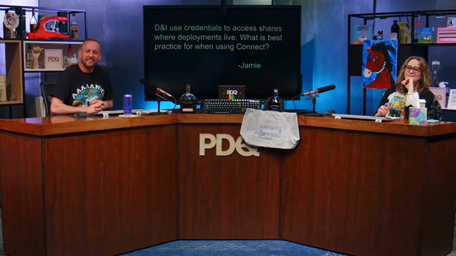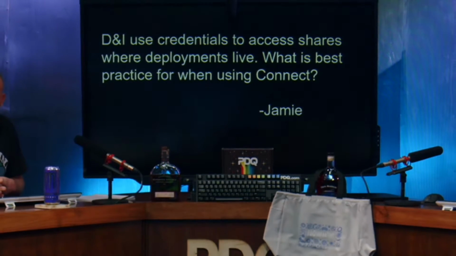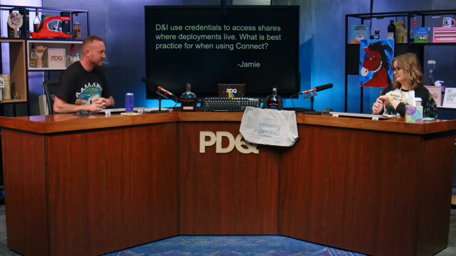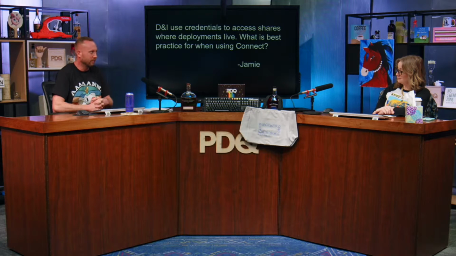Okay, our final question of the day. DNI uses credentials to access shares where deployments live. What is the best practice when using Connect? Connect is running on your machines as system, not as a named user. So if you reference a local file, when it gets to the target machine and executes, it does so as system.